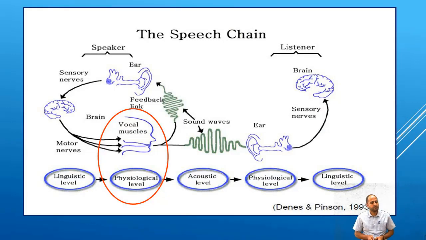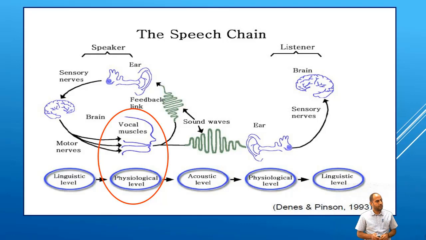In this figure, cited from Denes and Pinson, 1993, we can see the whole speech chain, starting from the speaker and ending with the listener. It involves a very complicated system of components.